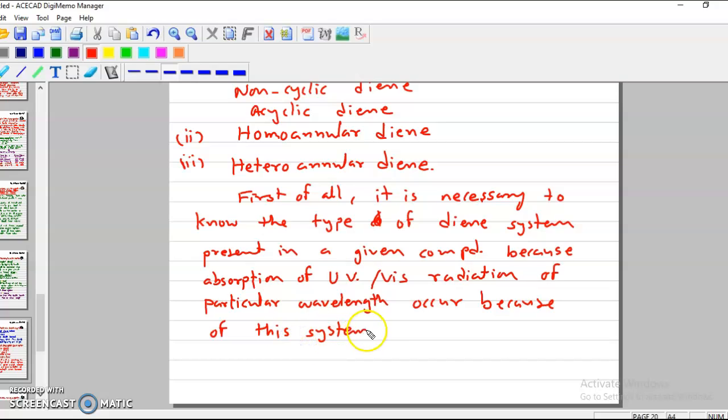So it is necessary to know which kind of system is present in a given compound.